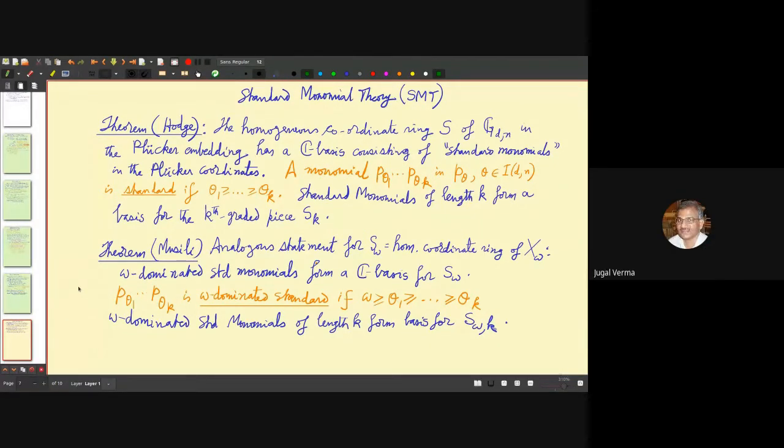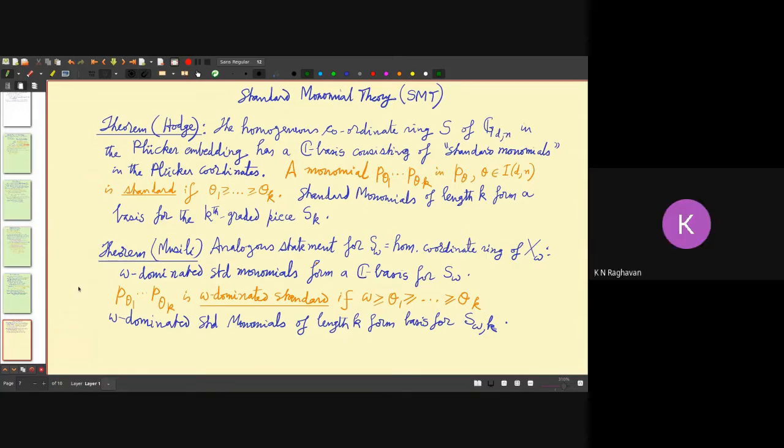Yeah, I had a question. Can we explicitly describe the singular locus of a Schubert variety? Yes, you can. Yeah, there are descriptions. Answer is yes. And there is a paper by, for example, Lakshmibai and Seshadri in the Bulletin of the American Math Society in 1984 or 85, which does that.